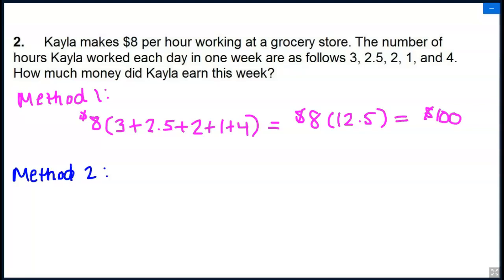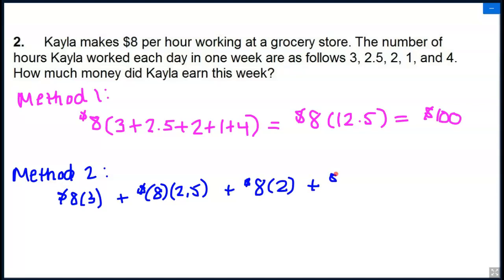Method 2 says, okay, day 1, she worked 3 hours and makes $8 an hour. She makes $8 an hour and worked 2.5 hours. $8 an hour for 2 hours, $8 an hour for 1, $8 an hour for 4.